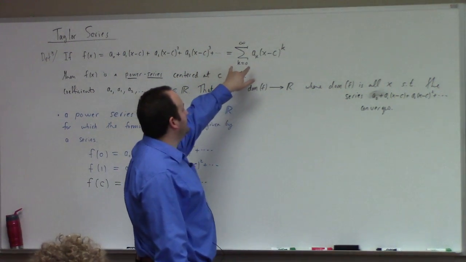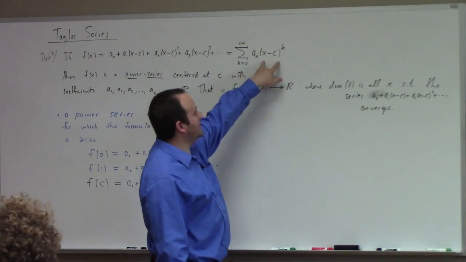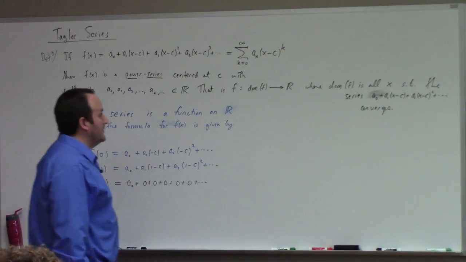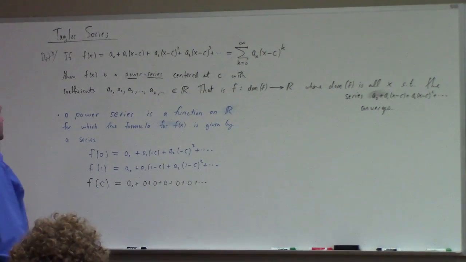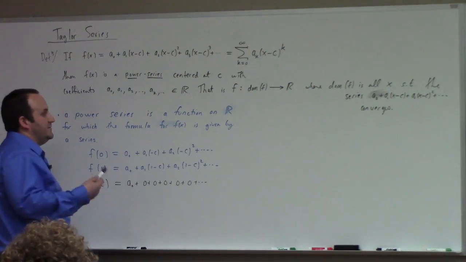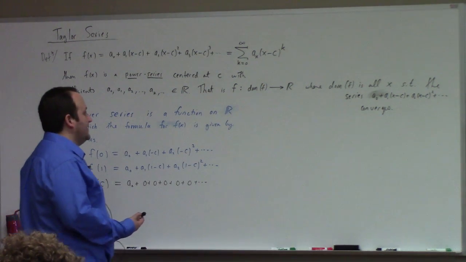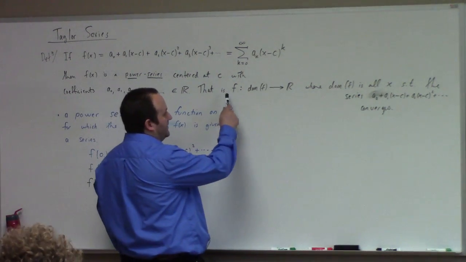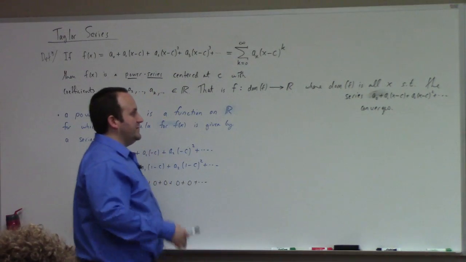In other words, if f of x is equal to the sum k equals 0 to infinity of a sub k times x minus c to the k-th power, then f of x is a power series centered at c with coefficients a sub 0, a sub 1, a sub 2, a sub k. These are real numbers, as is c. In particular, we're defining a function f that has some domain, which is a subset of the reals, to the reals.